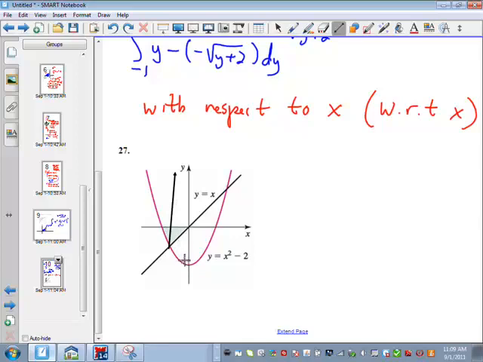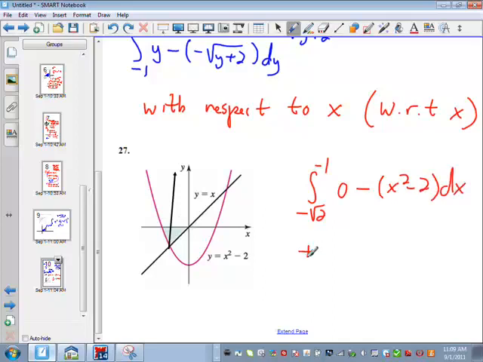They intersect at -1, and so it's the integral from, we found that other number, it was minus the square root of 2. The integral from minus the square root of 2 to -1 of 0 minus, what is this, x squared minus 2 dx.